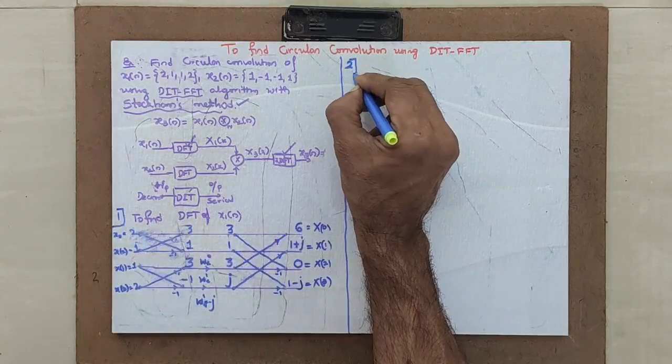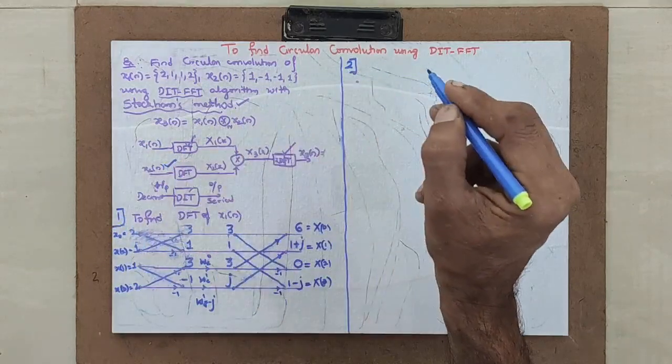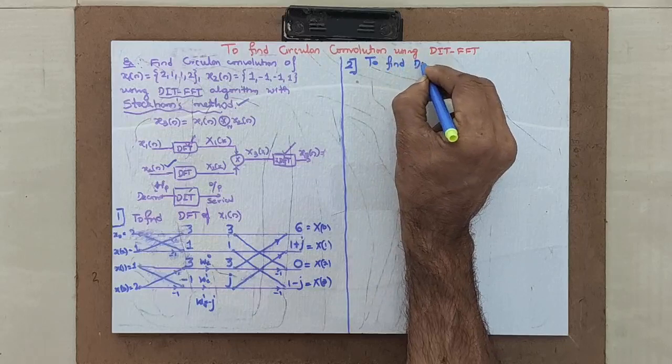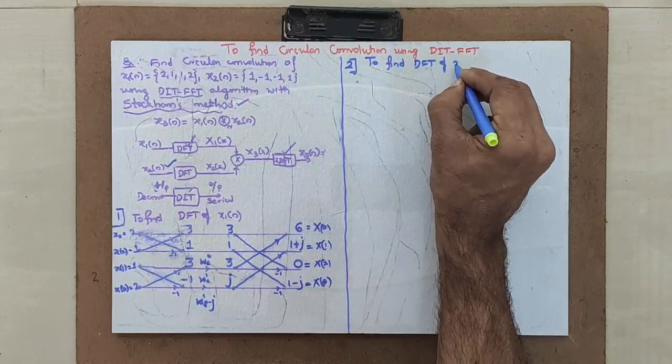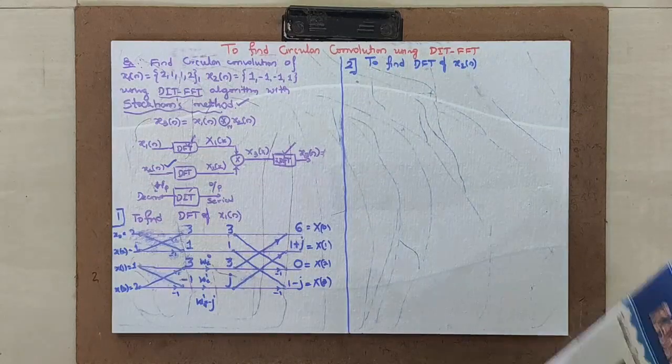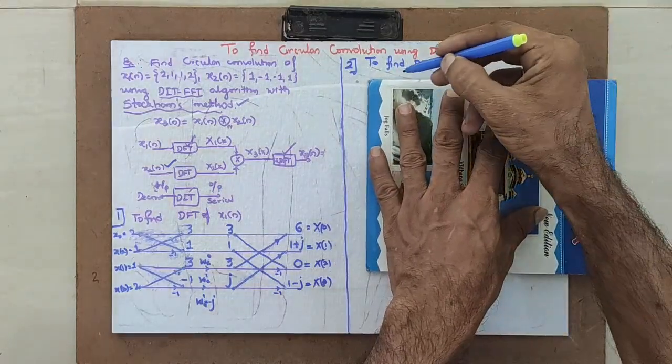Second step, I have to find the DFT of x2(n). Again, I have to draw 4 lines.